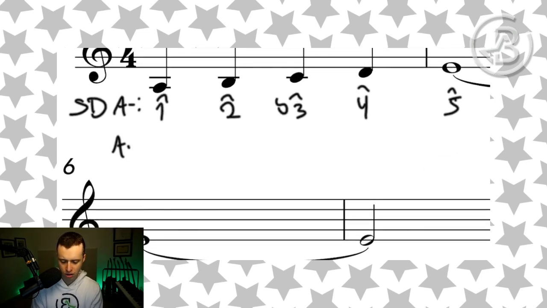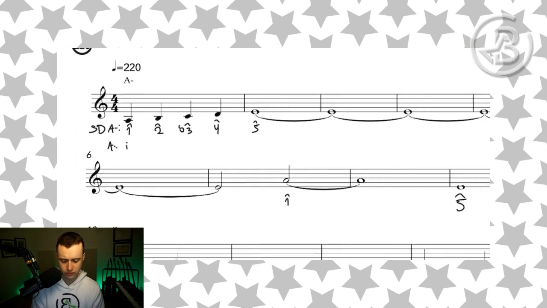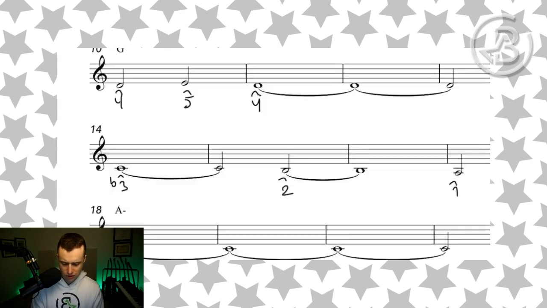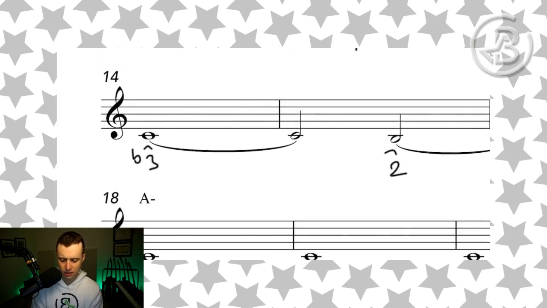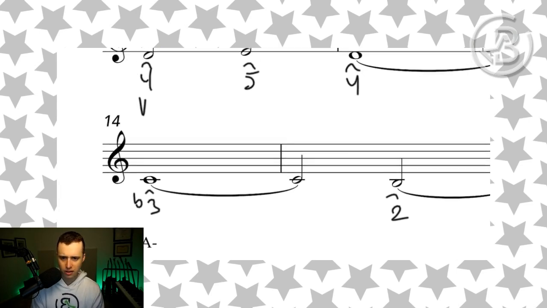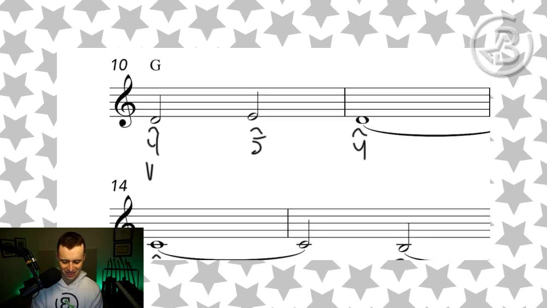All right, let's do our Roman numerals. Here we have 1. The next chord is going to be G, which is going to be 7. Now, something to think about too, and I know this is not in the book, but this is a relevant piece of information: when you are in minor keys, a lot of times a common chord progression could be 1, 6, and 7.